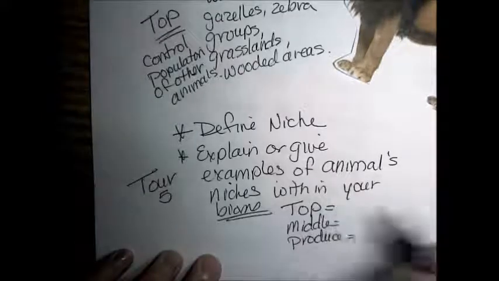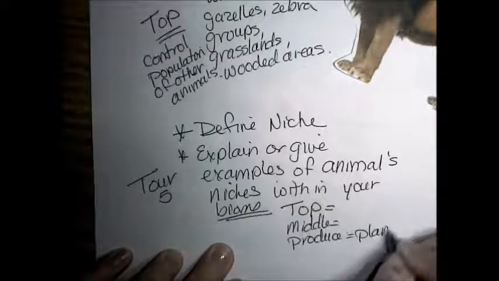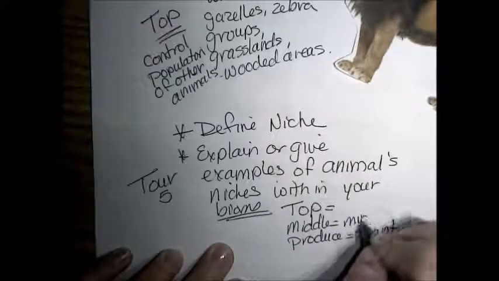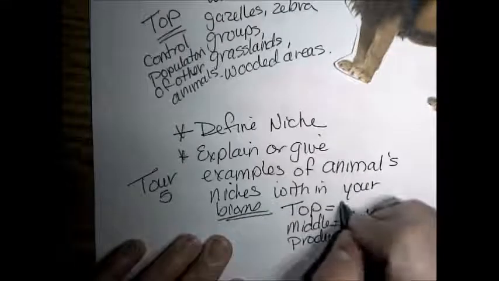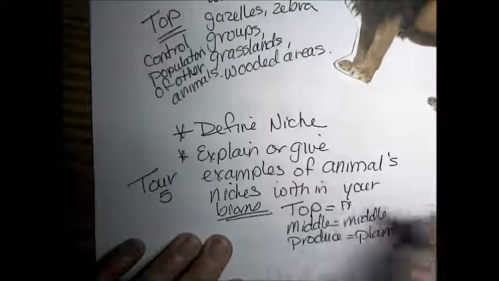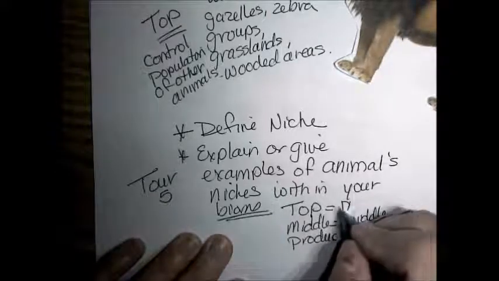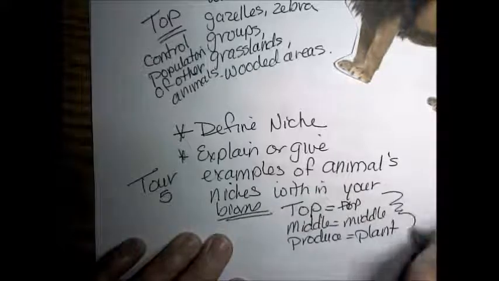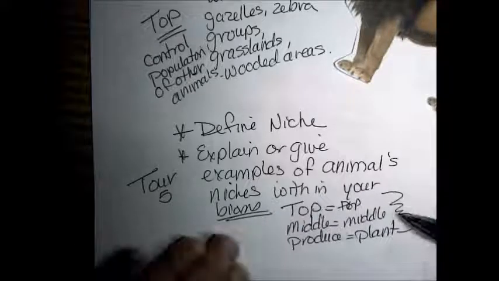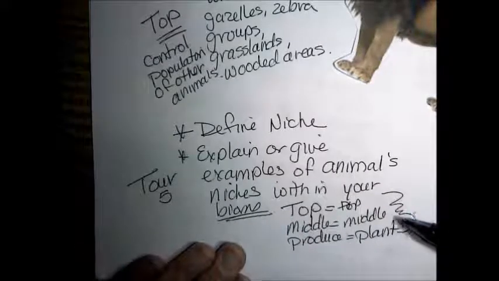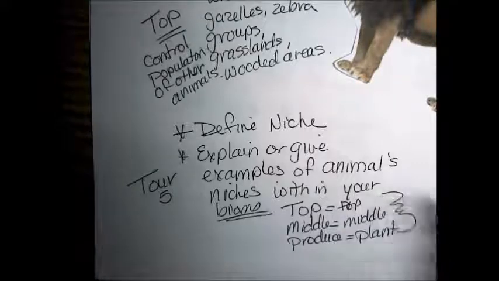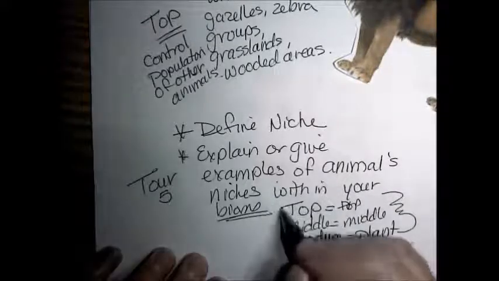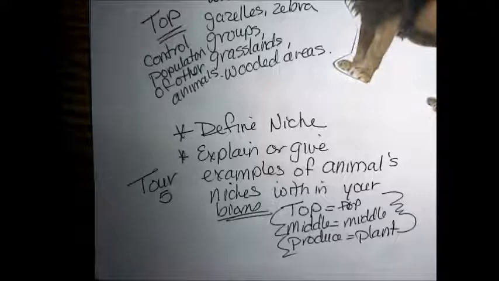So I want you to pick out a plant, pick out a middle, pick at least a top, okay? And then think about what their role is, where they live, and what their job is, and explain it, okay? Your pictures for those could be any animal or plant that is in your biome, all right?